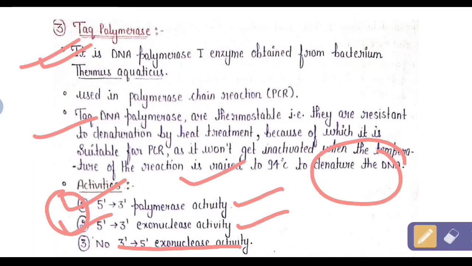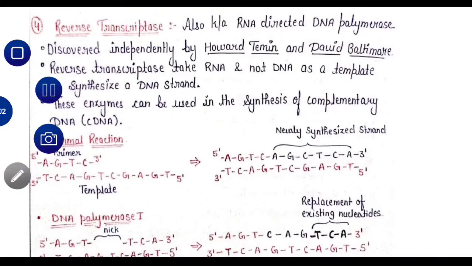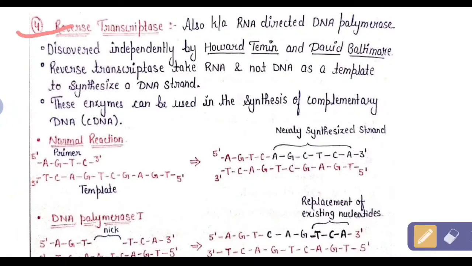So even if there is any kind of mutation or mispairing between the base pairs, it cannot remove those mispairings, or it cannot correct the mutations. Next in the category we have is the reverse transcriptase, which is an enzyme which takes RNA as a template, and against this RNA template it designs the DNA strand.